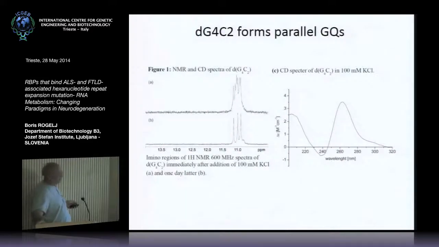One of the studies that we did, we looked at the DNA G quadruplex of the G4C2, and as has been shown by Adrian for RNA, DNA can also form G quadruplexes.